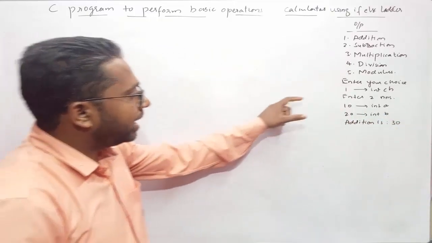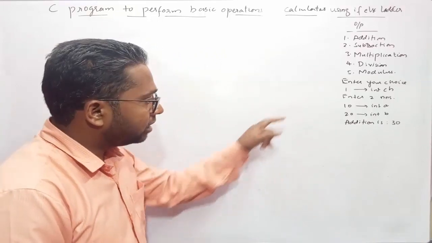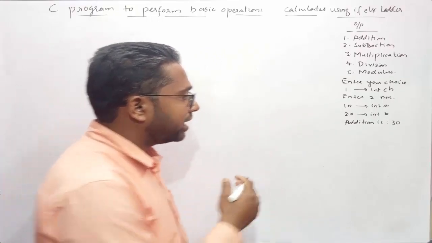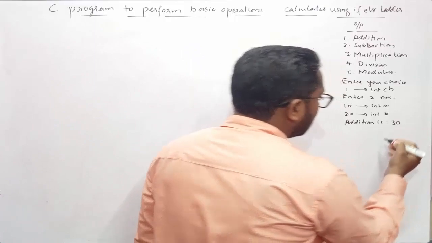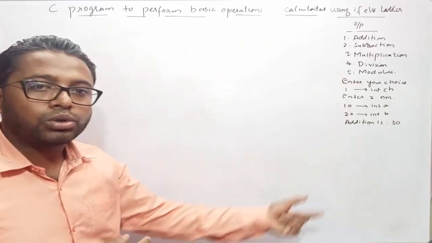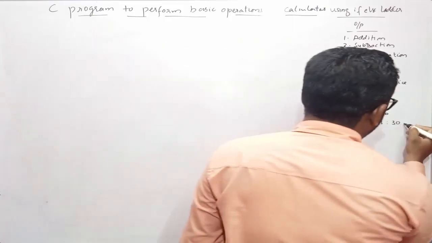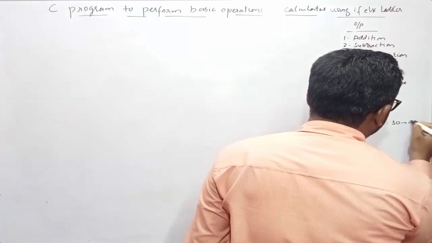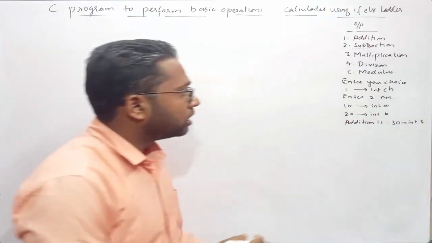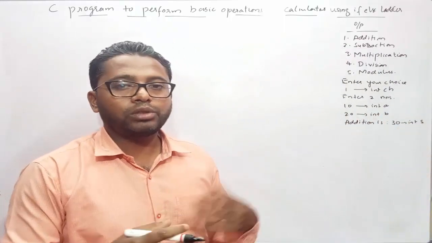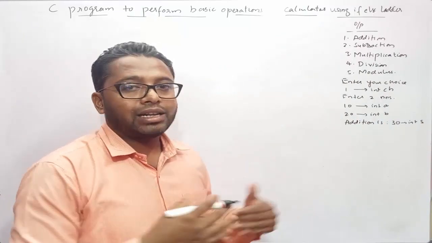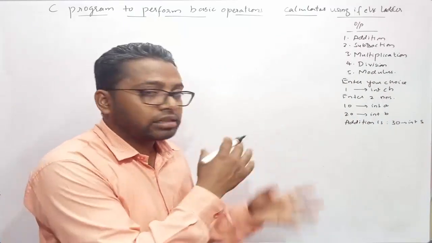Once the addition is performed, these two numbers get added and we will get the sum. To store this output we need one more variable, s. These are the variables which we require in our C program to get this output.